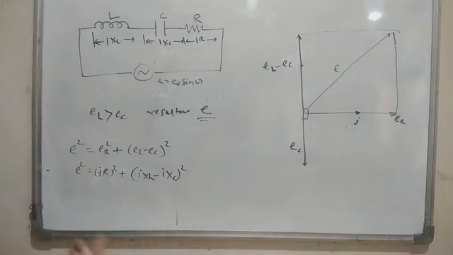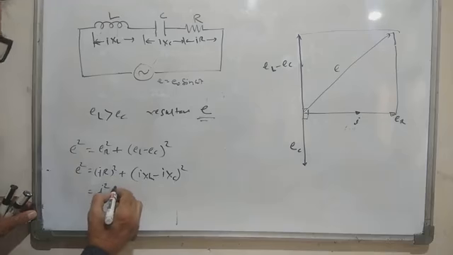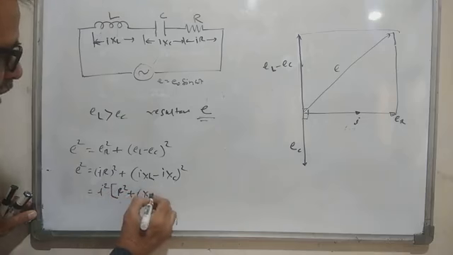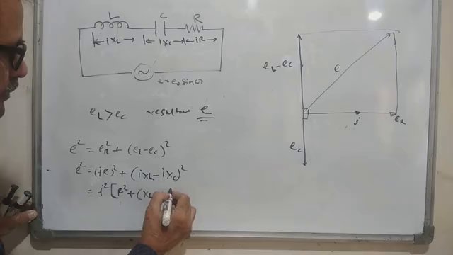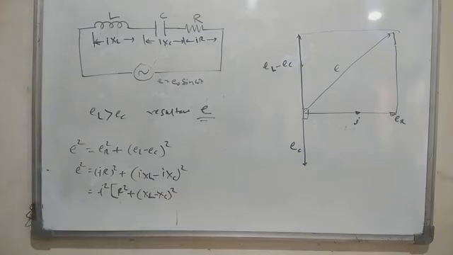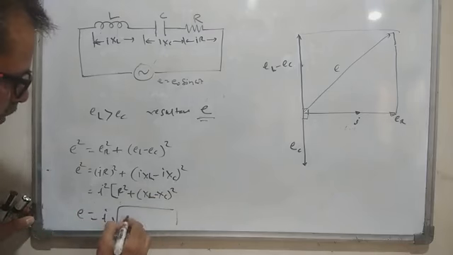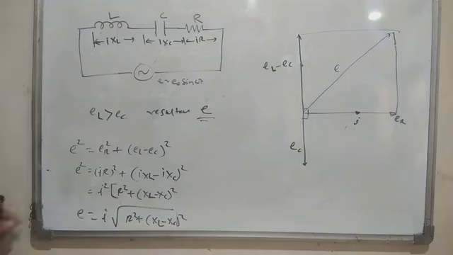We'll take out the I square outside. So inside there will be R square plus XL minus XC whole square. If I take the root of this, E will be equal to I in bracket, root of R square plus XL minus XC whole square.